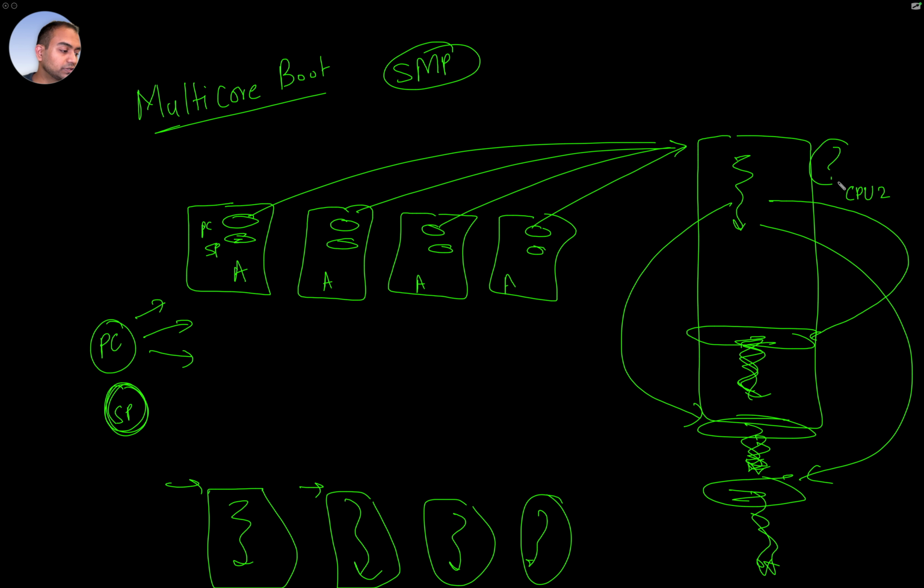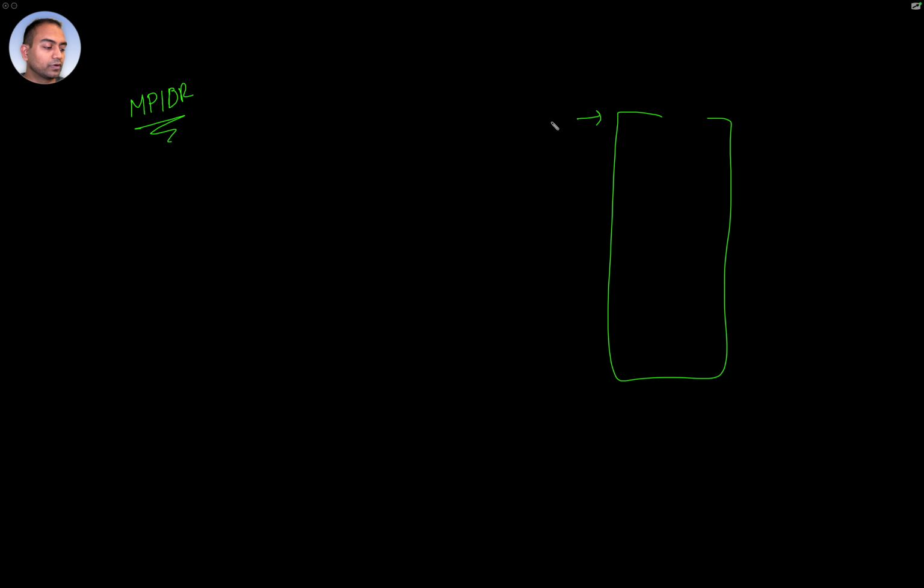So the question was then, how can you make each processor jump to different code? The answer to that is that there is a register called MPIDR on each of these CPUs. It's CPU specific. So as they start off pointing to the same memory location, as part of the initial code, what we can do is read this MPIDR register and infer the ID of the CPU.